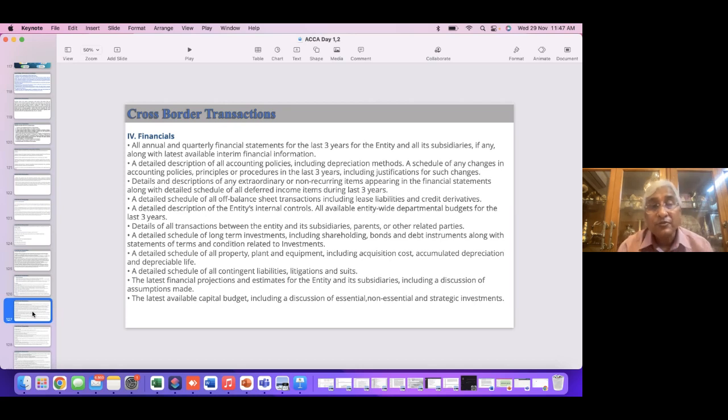A detailed description of the entity's internal controls, and all available entity-wide departmental budgets for the last 3 years. Any budget is an estimation for the future. It may happen in the same way or deviate from the way it is thought of.